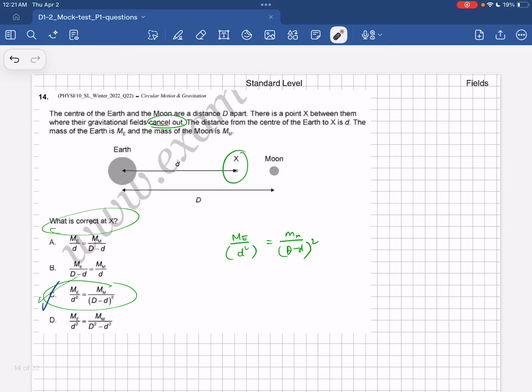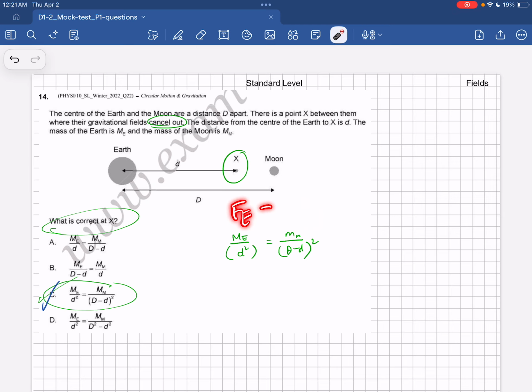Number 14, the centers of the Earth and the Moon are a distance big D apart, and then we have another point X here, where the fields cancel out, the distance is d here. Okay, so what is correct at X? Because the fields cancel out, the force from the Moon should equal the force from the Earth.